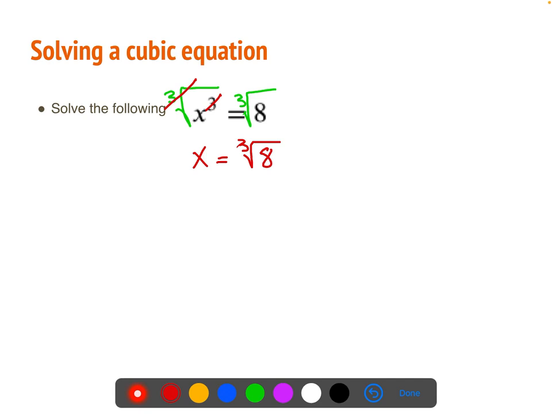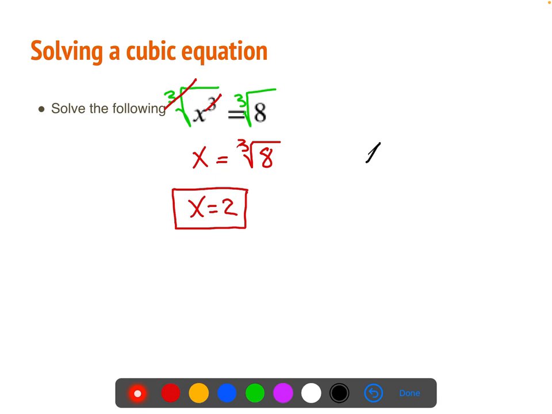So what number, when I multiply himself 3 times together, makes 8? Well, that number is 2, because 2 times 2 times a third 2 makes 8. So what are we doing? Isolate, cube root, solve for x.